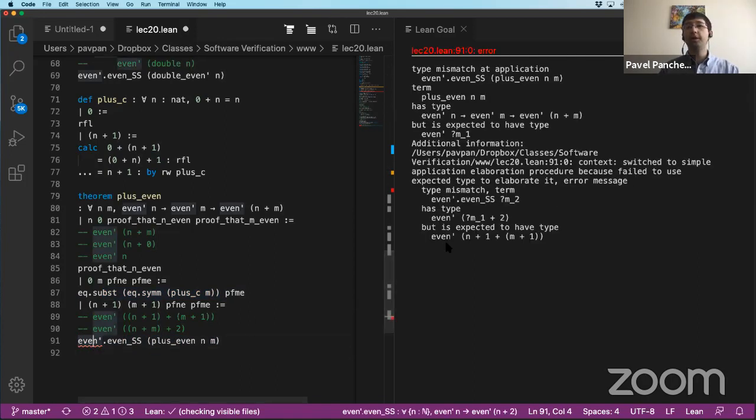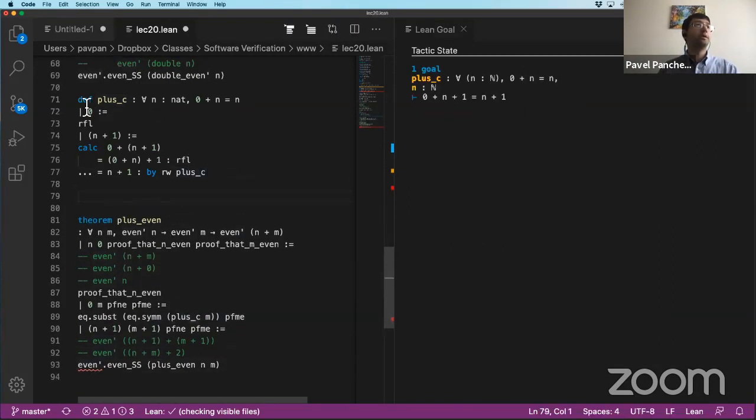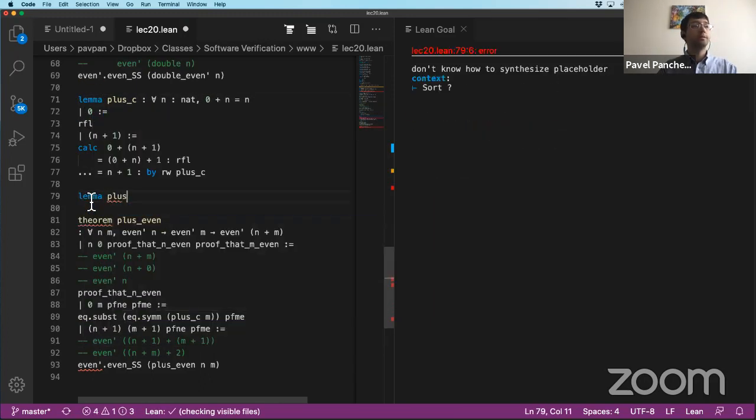Remember that the problem here is that we have n plus 1 plus m plus 1, and we want to turn that into n plus m plus 2. I'm going to write this out as its own lemma, and learning from last time, I'm going to write this in reverse.